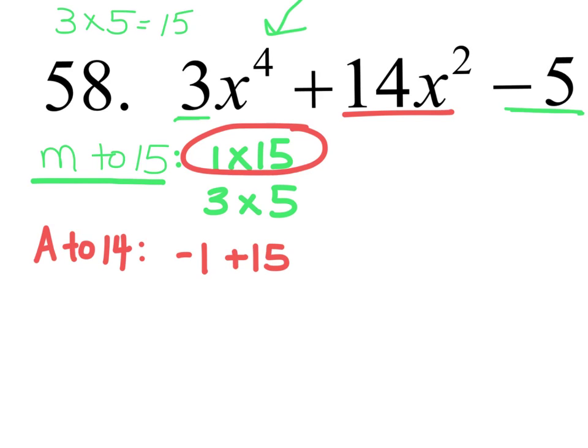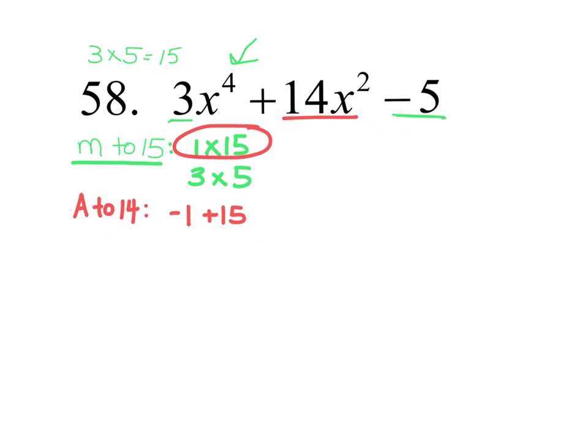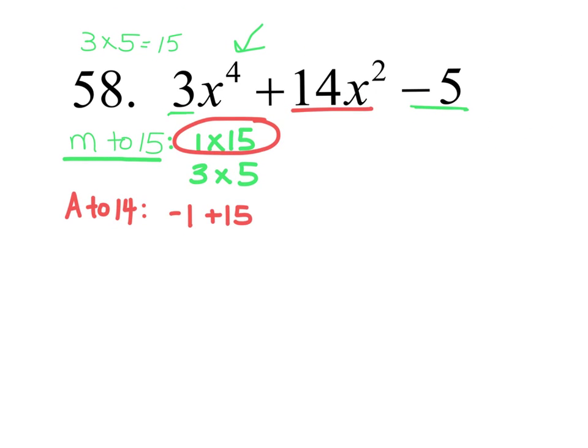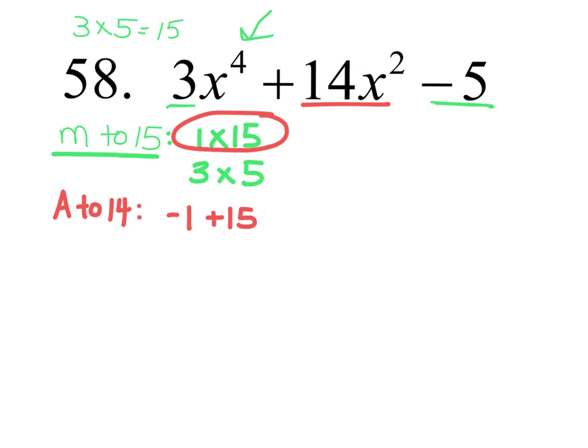Excellent. So what we're going to do next is take my original problem and split the middle up. I'm going to do this over here, writing out the original problem again.